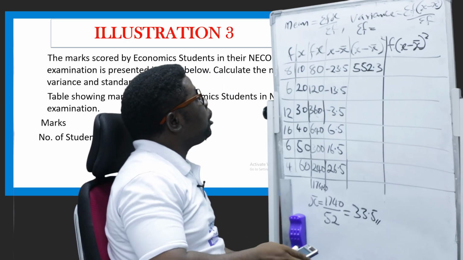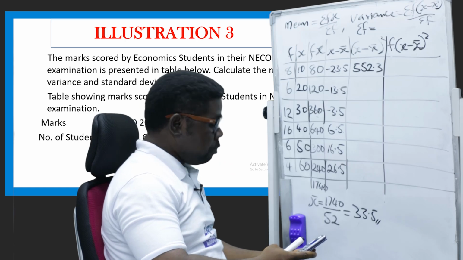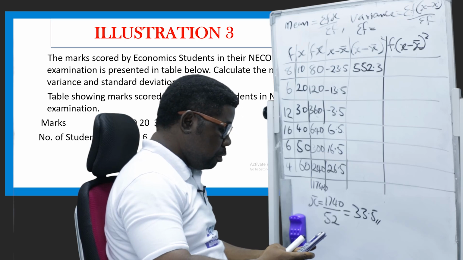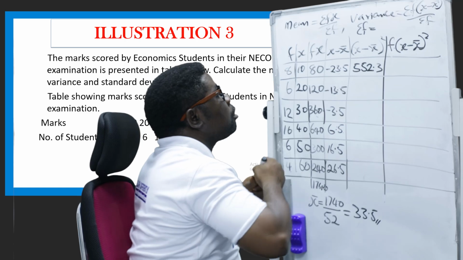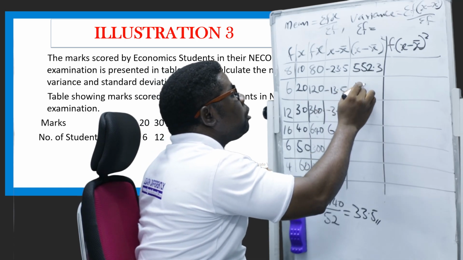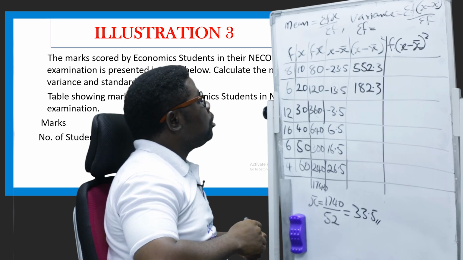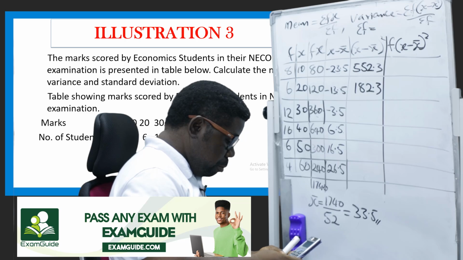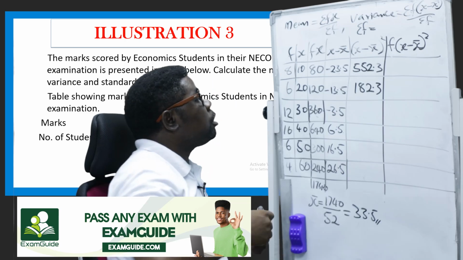Then we'll multiply again. 13.5 times 13.5. What do you have? We have 182.3. 3.5 times 3.5 will give you 12.3.